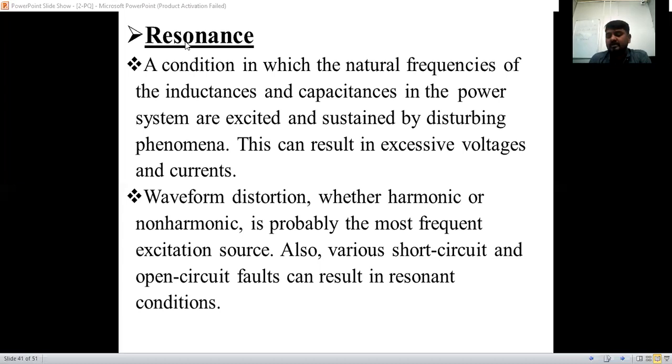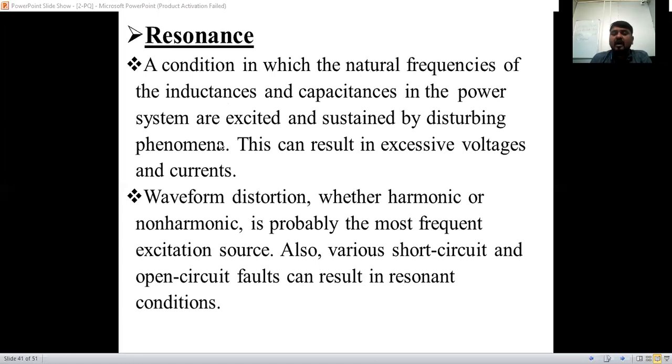The condition for resonance is one in which the natural frequencies of the inductances and capacitances in the power system are excited.